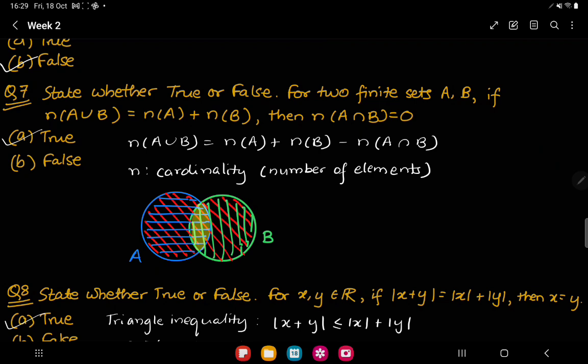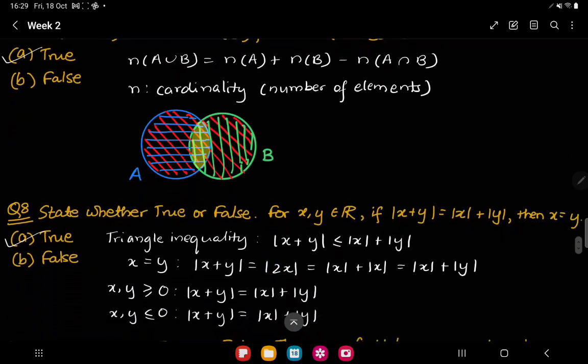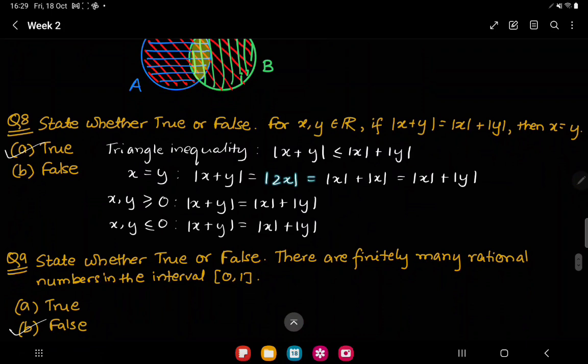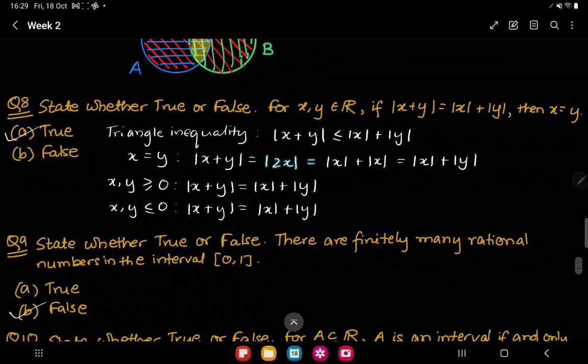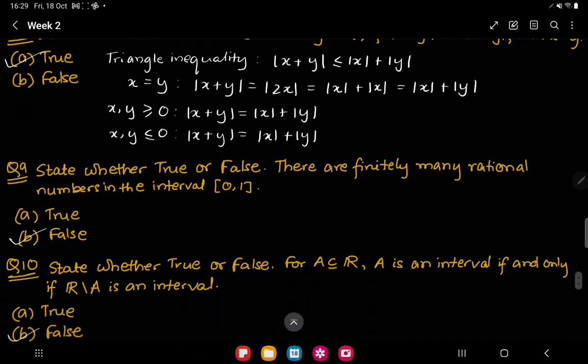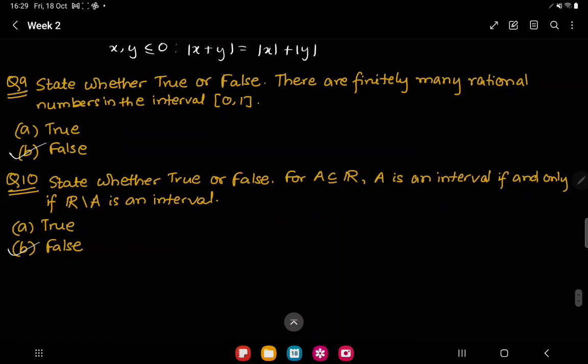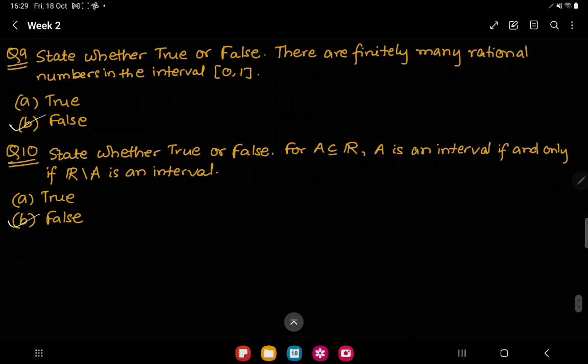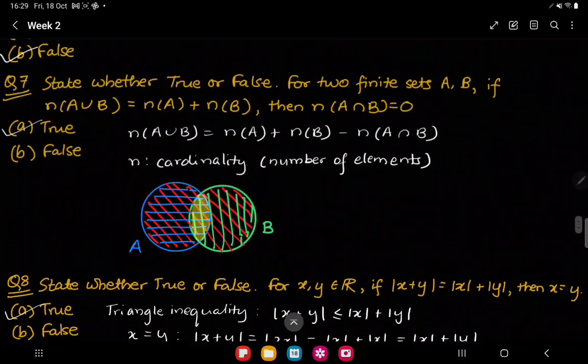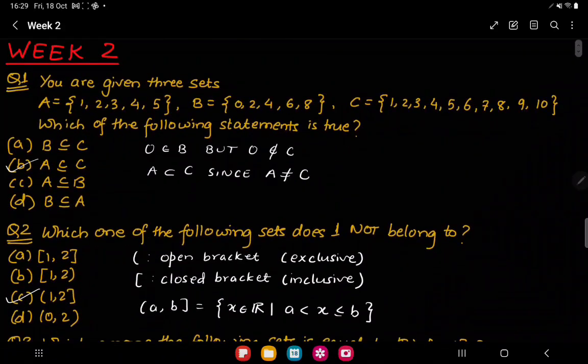So this is one identity of cardinality for A union B. Then this is the triangle inequality. Okay, so that was about week 2.